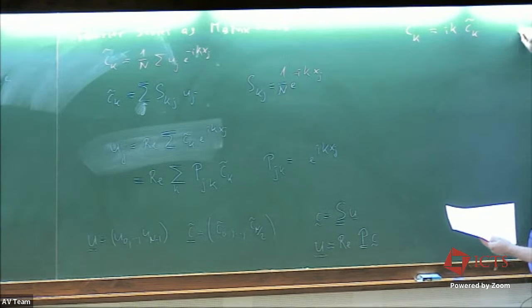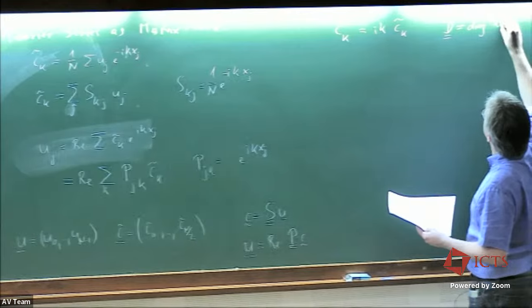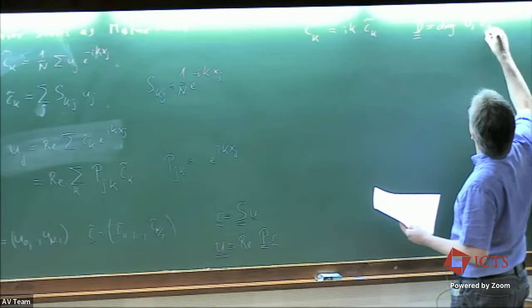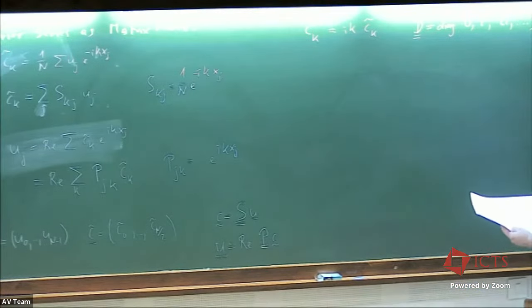I can introduce a matrix D tilde as a diagonal matrix having the elements 0, i, 2i, whatever the largest k times i, and so forth.